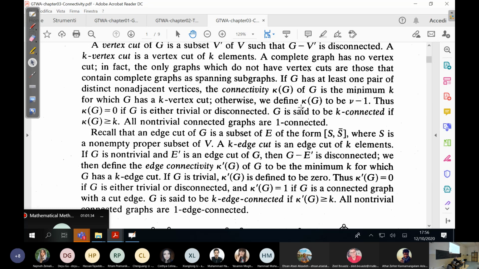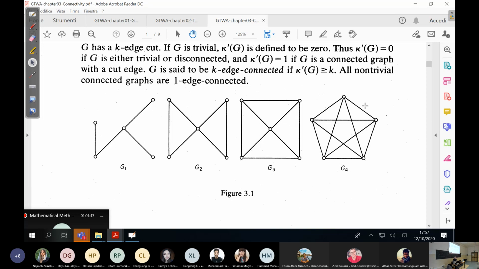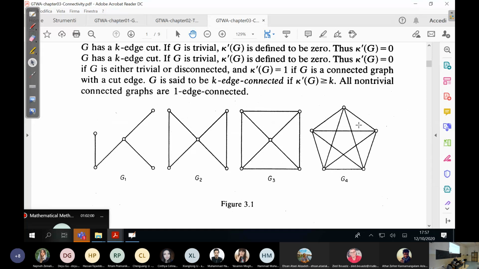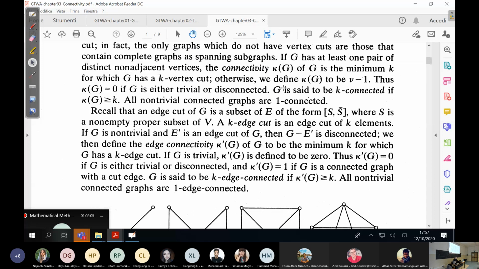Otherwise, if you have a graph which contains a complete spanning subgraph, we say that kappa of G is n minus 1. So by convention, even if we do not have any vertex cut here, we say that the connectivity of this complete graph is 4. All right.